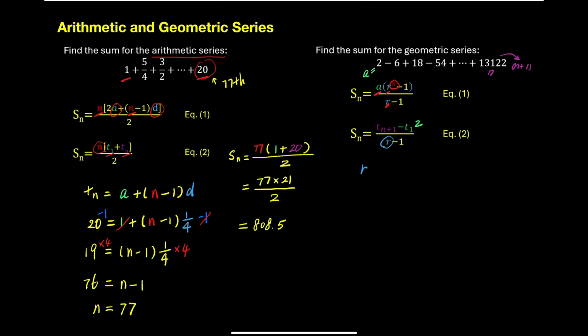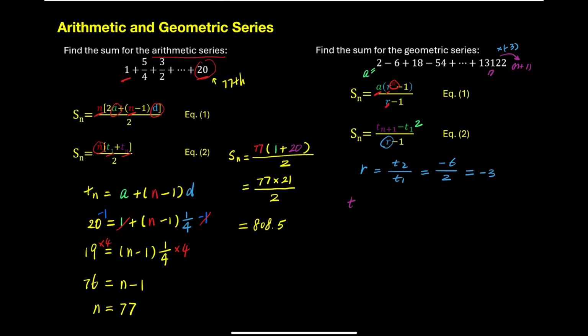We can determine the common ratio by dividing the second term by the first term, t2 divided by t1, where T2 is minus 6 and T1 is 2. So the common ratio R is minus 3. For a geometric sequence, we multiply one term with the common ratio to get the next term. So the last term, 13,122, multiplied by the common ratio, which is minus 3, gives us the n plus 1th term.